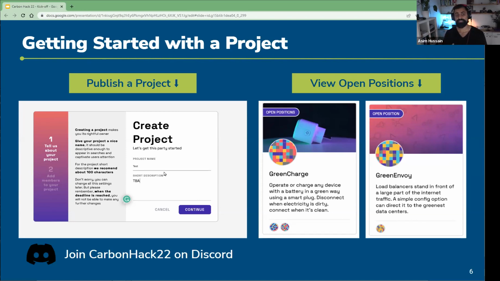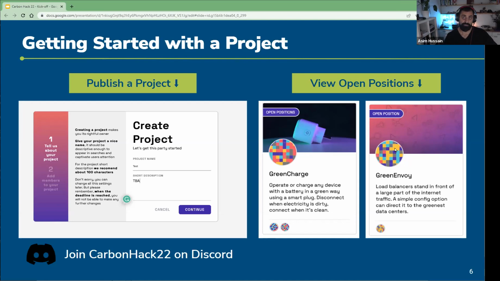If you're interested in joining a project, maybe you don't have an idea of your own just yet, that's absolutely fine. This is a very new space. These are examples on the screen with open positions. If you go on the projects page, you'll see the projects with open positions. You can click on them, find the positions that are available, and join those teams. We recommend reaching out to the project owners directly.